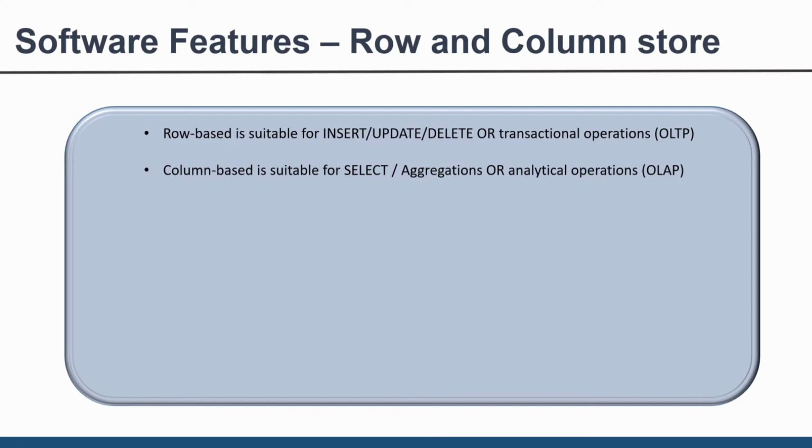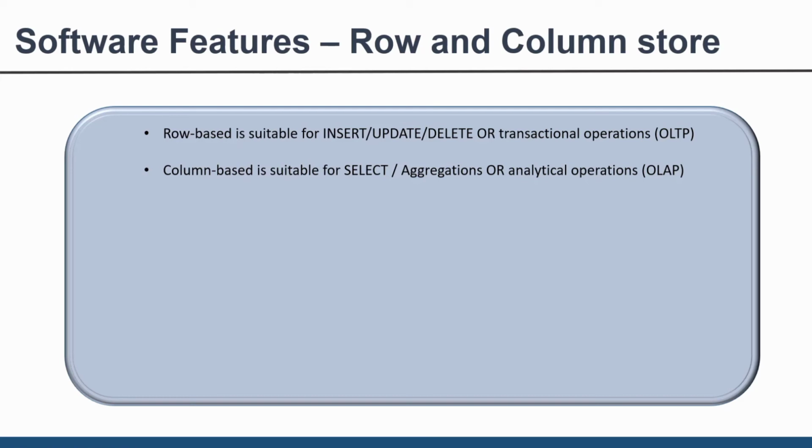So the ground rule is, if you want to use your table for storing the transactional data, that means for OLTP purpose, you create it as a row store table. And if you want to use your table for aggregations, that is for OLAP purpose, you create it as a column store table. Or in other words, if you want to use maximum columns or maximum fields of your table frequently, then you create it as a row store table.